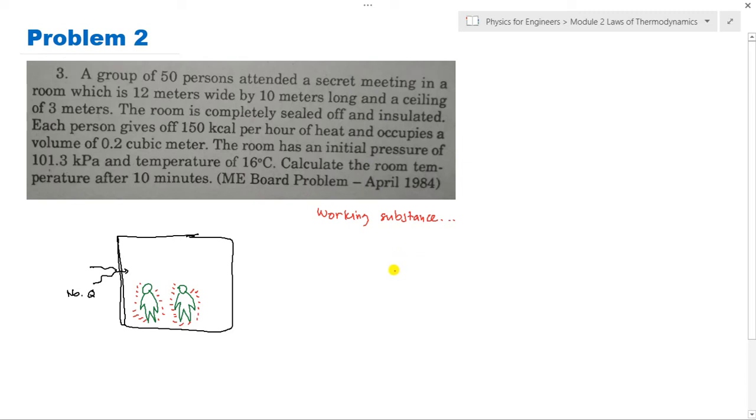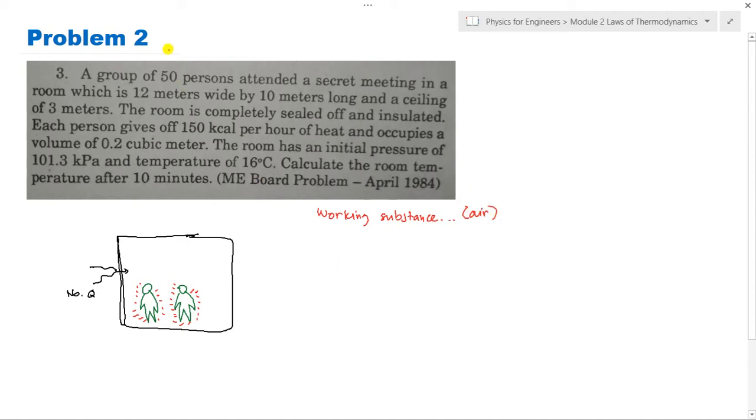Why? Because the room is filled with air, and the temperature of the room is stated. So automatically, the temperature of the room would also be the temperature of the air around it. So the working substance is air.